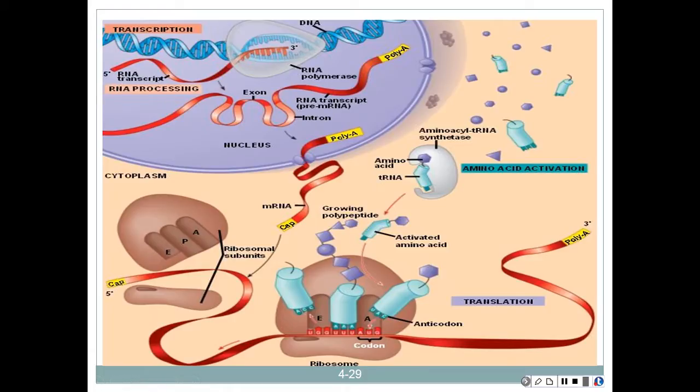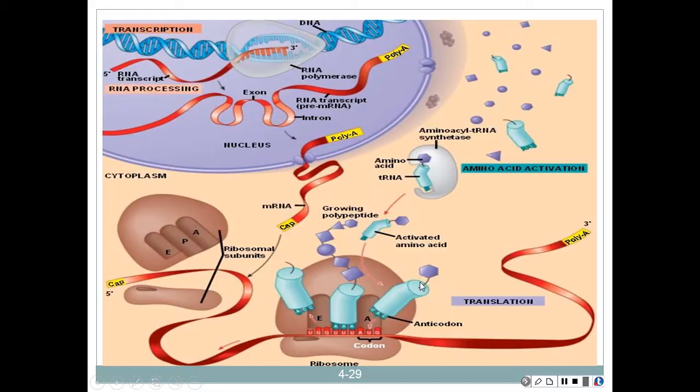It's a molecule that coils on itself to form an angular L shape that has a 3 nucleotide anticodon on one end, and then a binding site for one amino acid on the other end.